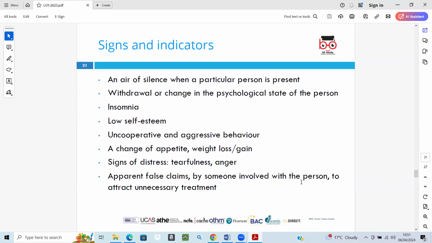There are some different bullet points, like a change of appetite, weight loss, weight gain, signs of distress, and an air of silence when a particular person is present. So if someone is controlling an individual, there might be something we can notice. The sign or symptom would be that there is silence when a particular person is present. These are a few of the signs and indicators.